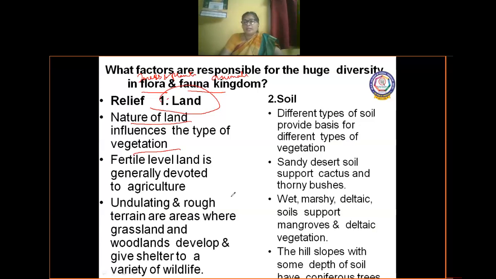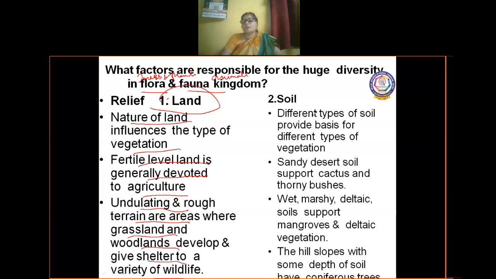Now, in that climate condition, the land will be influenced and its relief, that is what kind of land it is, whether it's plain, plateau, desert, etc. So the fertile level of land, that is, in the plains, it's more devoted to agriculture. So undulating and rough terrain like plateau, where grasslands and woodlands develop, gives shelter to a variety of wildlife.